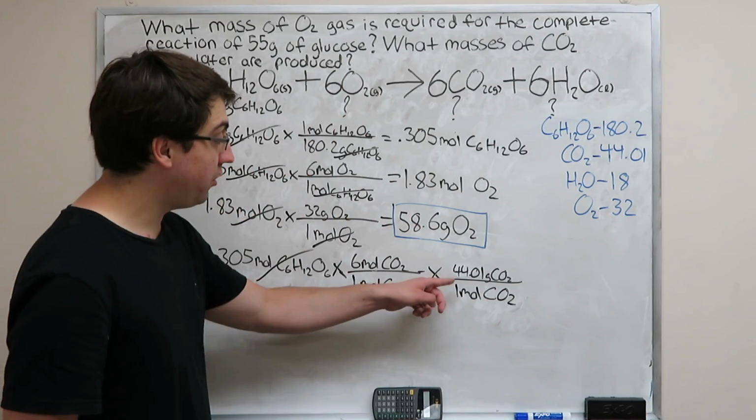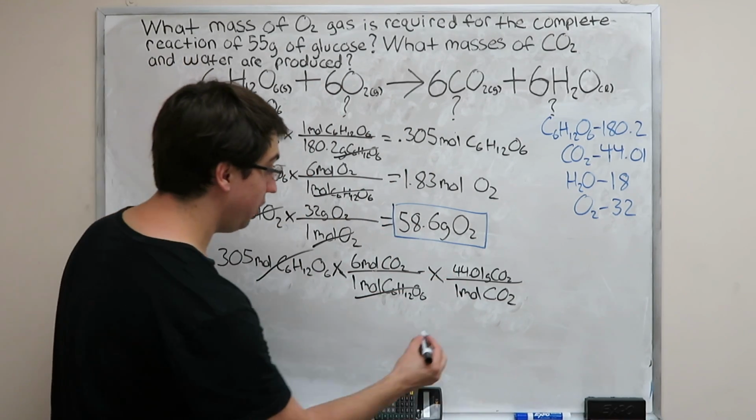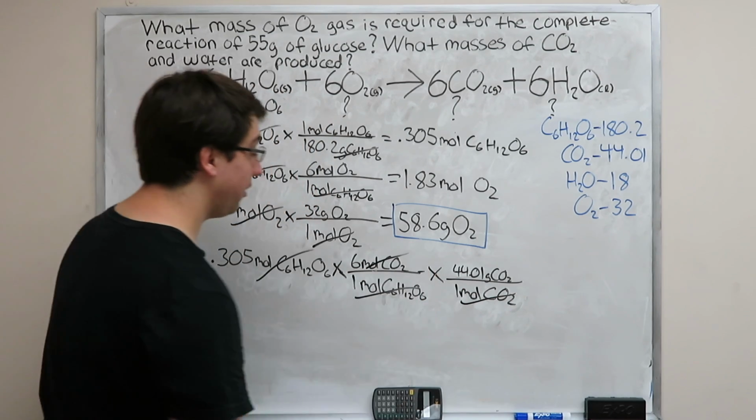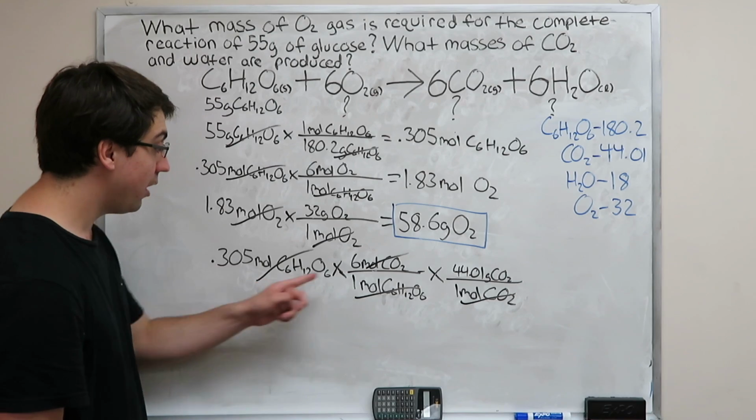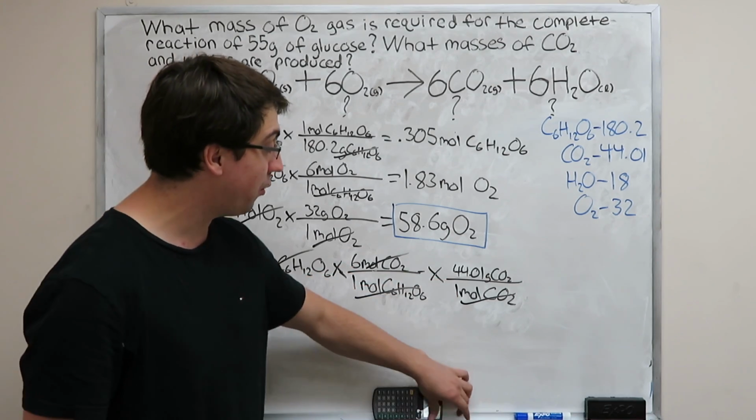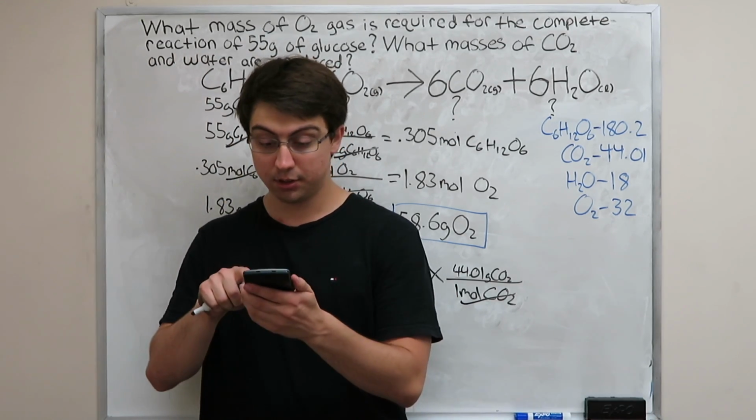There is 44.01 grams in 1 mole of CO2. The moles of CO2 cancel out, leaving us with grams of CO2. And at this point, you just need to take the 0.305, multiply times 6, then multiply times 44.01.